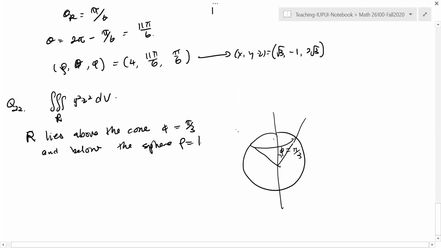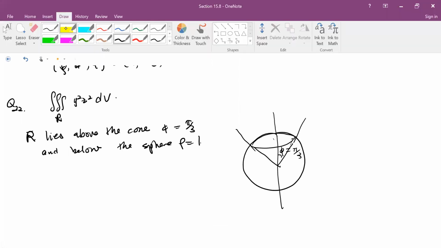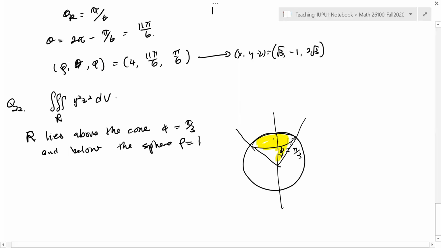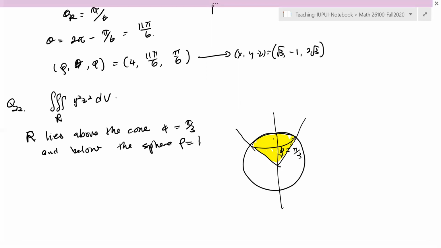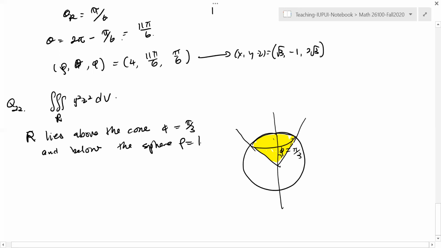We can describe this cone using an equation in x, y, z. Below the sphere and above the cone, so that is the region I'm talking about. That's the region E.